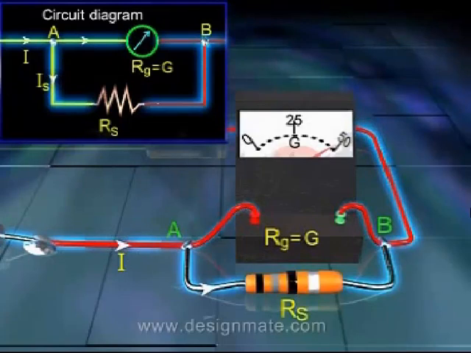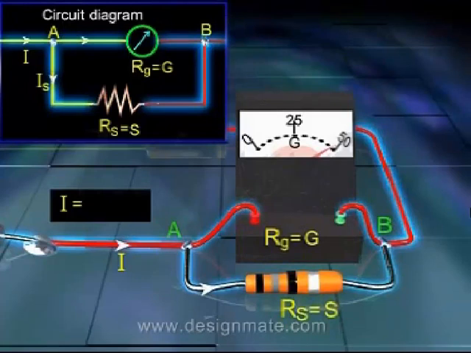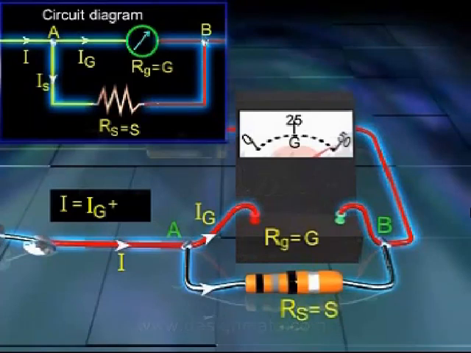Let the required value of the shunt resistance be S. So, the value of S must be such that the current I divides in such a way that a current Ig flows through the galvanometer and a current Is flows through the shunt, where Is is equal to I minus Ig.